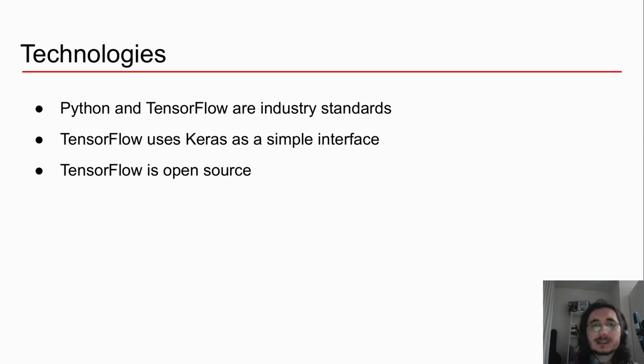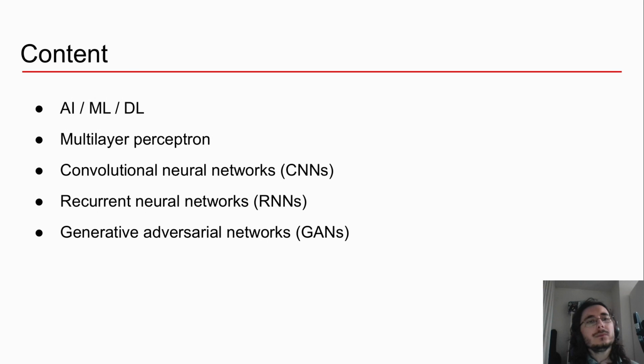That's fantastic, and very nice just to get started with deep learning. And finally, another reason why we are going to use TensorFlow is because it is open source. And so if you want to tweak things around, you actually can.